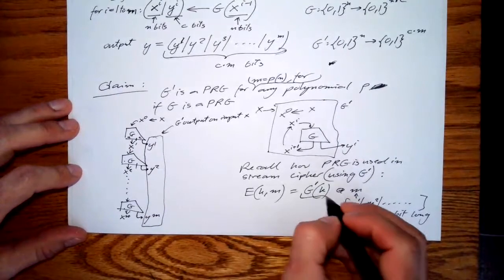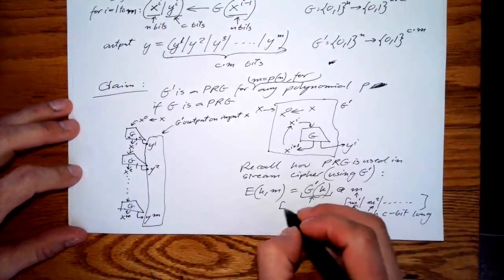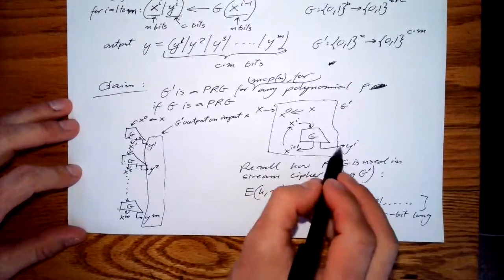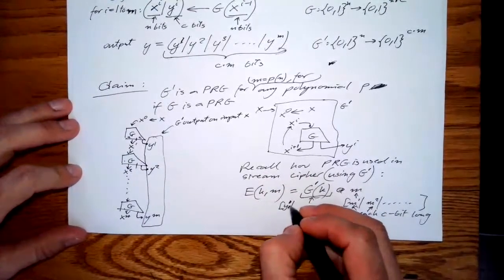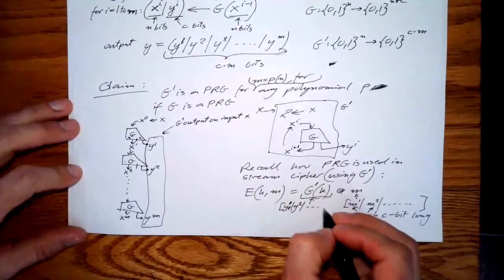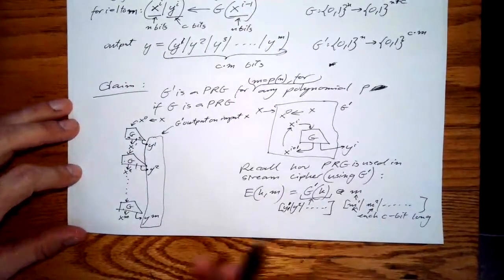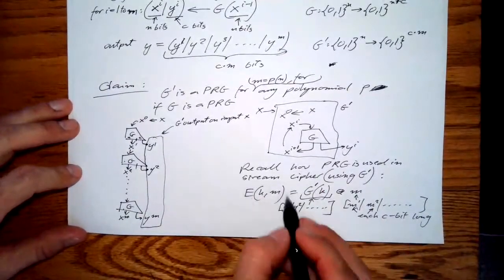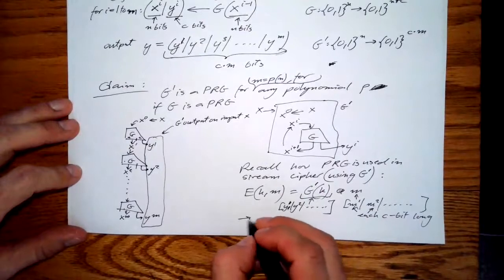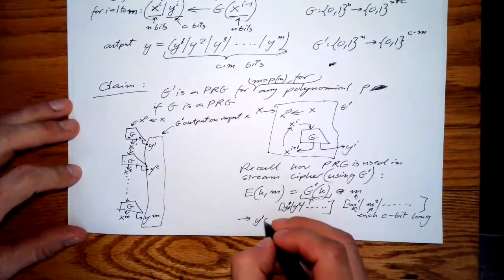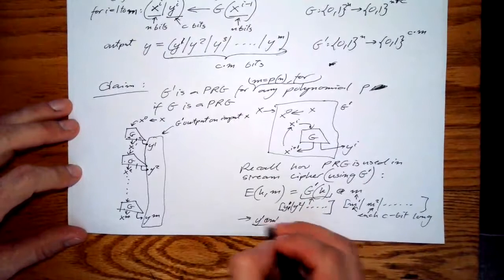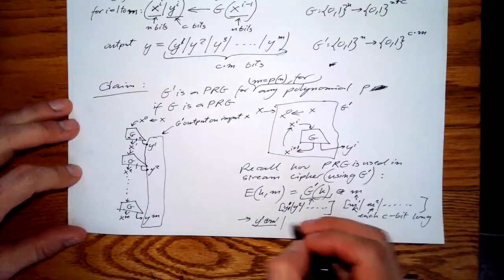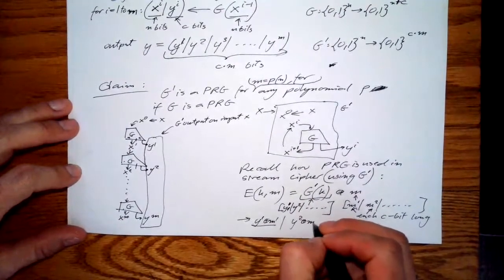Then if this thing comes in chunks, and it does using this construction, y1, y2, ... That's very convenient, because what do I do to encrypt? I encrypt y1 XORed with m1, and that's my first part of the ciphertext, and then y2 XORed with m2.